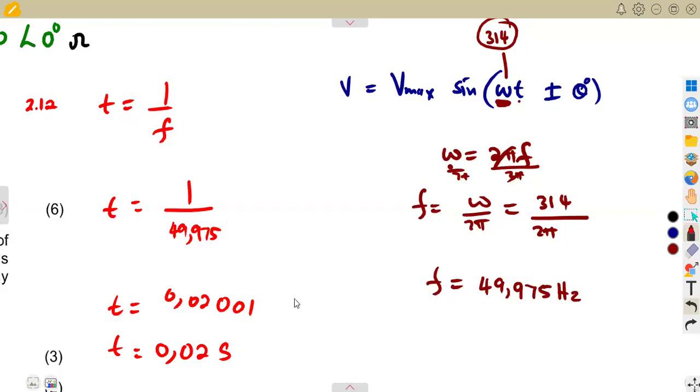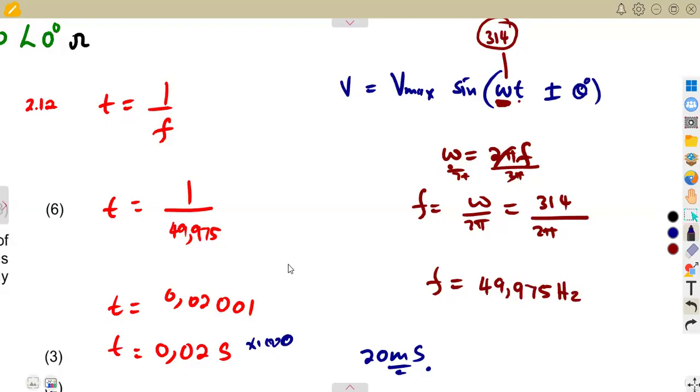If you want to write this in milliseconds, you multiply by 1,000. So you're gonna have something like 20 milliseconds. If you want to have an answer in milliseconds, but this, you can just write it as it is. That is the idea there.